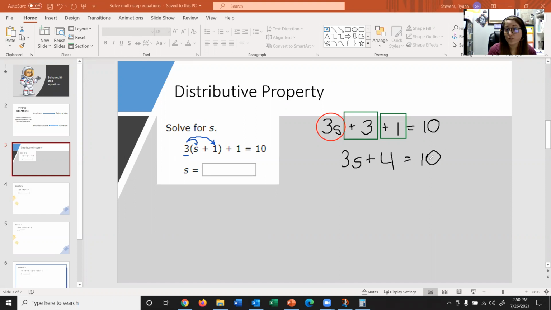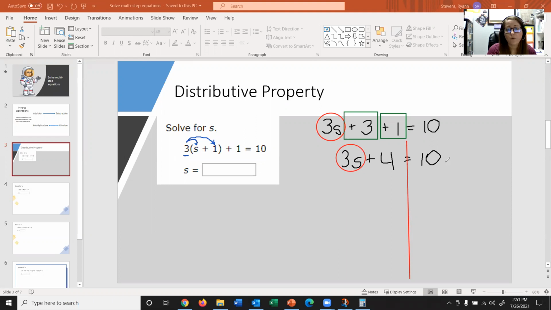Now we have this two-step equation that we can solve just by following the steps. I'm going to draw my line where the equal sign is, telling me what side of the equal sign is what. Then I'm going to do inverse operations. I want to get this variable alone, so we're going to leave this 3s alone for right now. We want to get the 4 away though.